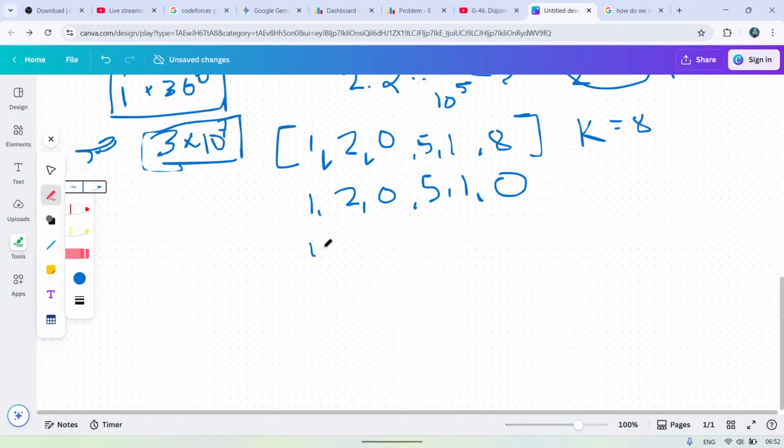This will give us 1 plus 2 plus 2 plus 5 plus 5 plus 5, right? That will be our answer, 20. Okay, that makes sense.